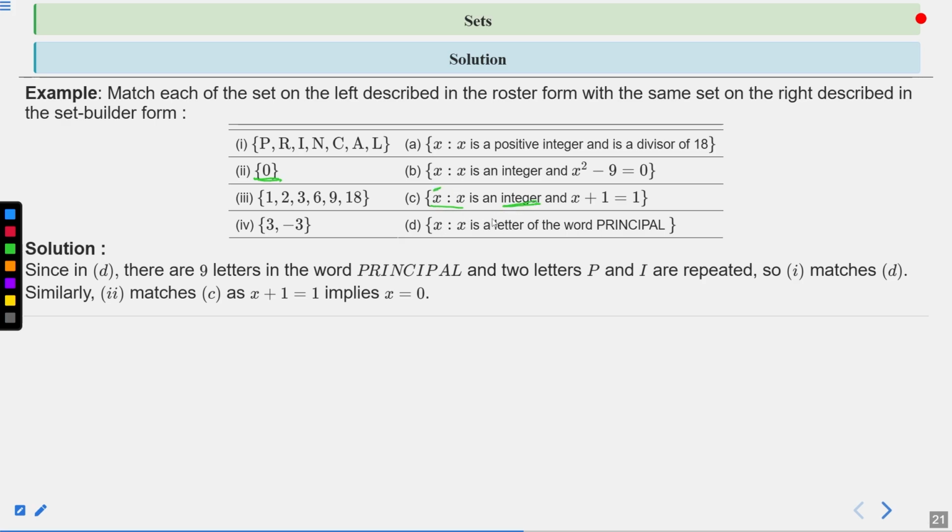First of all, x must be an integer and satisfy the condition. So just solve this equation, you will get x is 0. The solution for this equation is x equals 0, and 0 is an integer. So the roster form for this will be just 0. This is the reason why we are matching first to C. Clear?